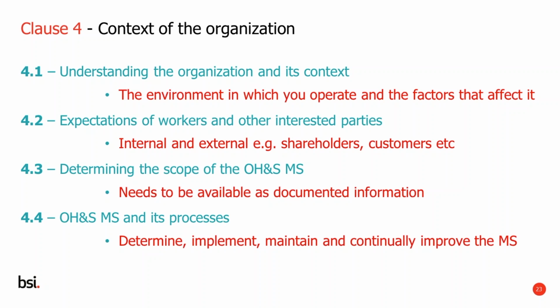Once you've established that, you can think about what your key challenges are from outside the organization as well as within it, and who the key stakeholders or interested parties are that would have an effect on or be affected by your business activities and decisions. All of that comes together with the type of products and services you provide to your customers, and that then defines the scope of your occupational health and safety management system.